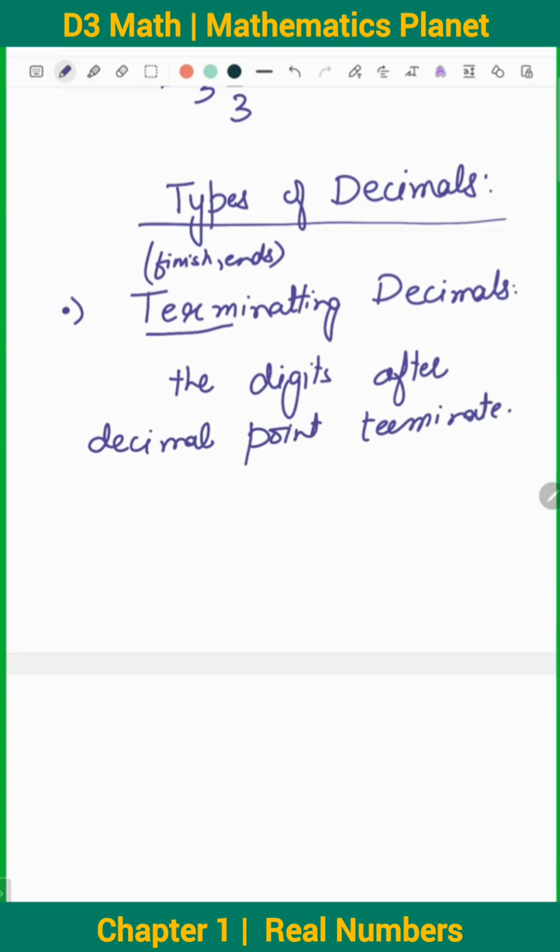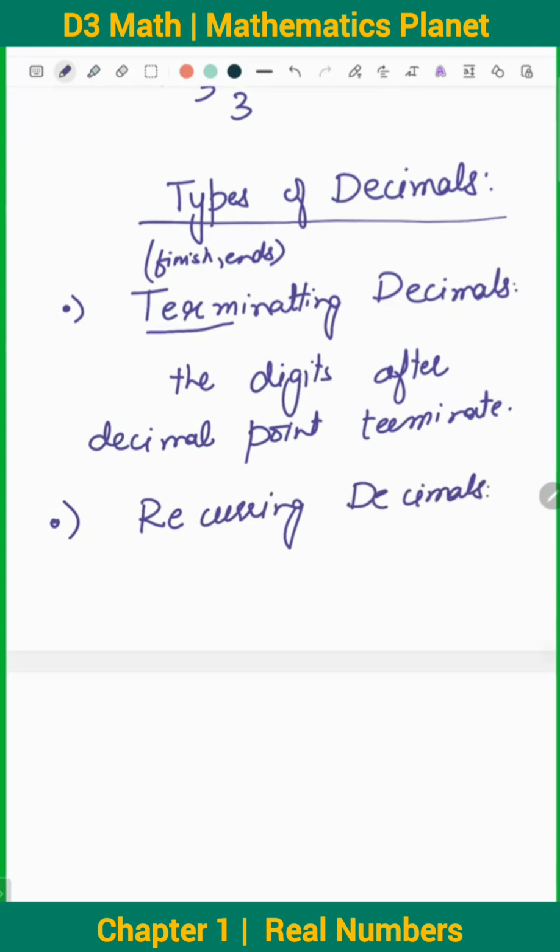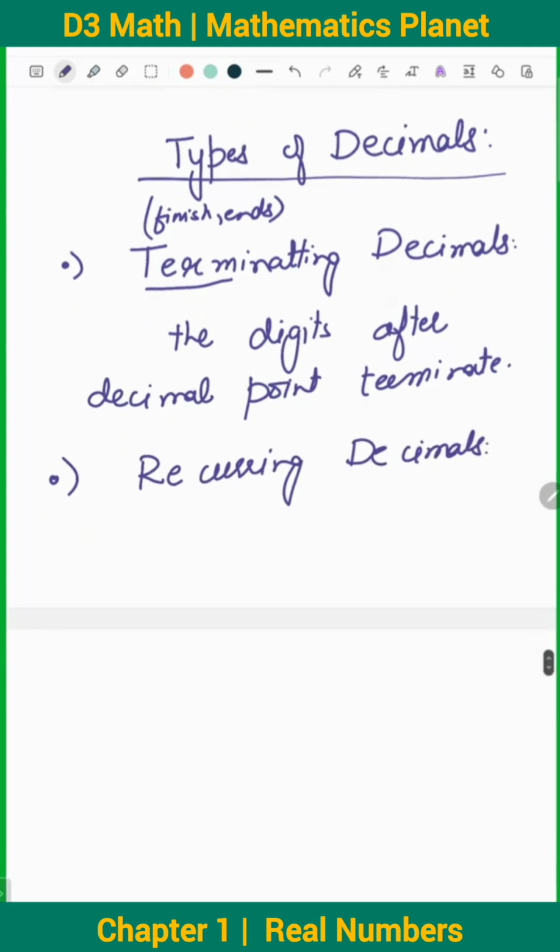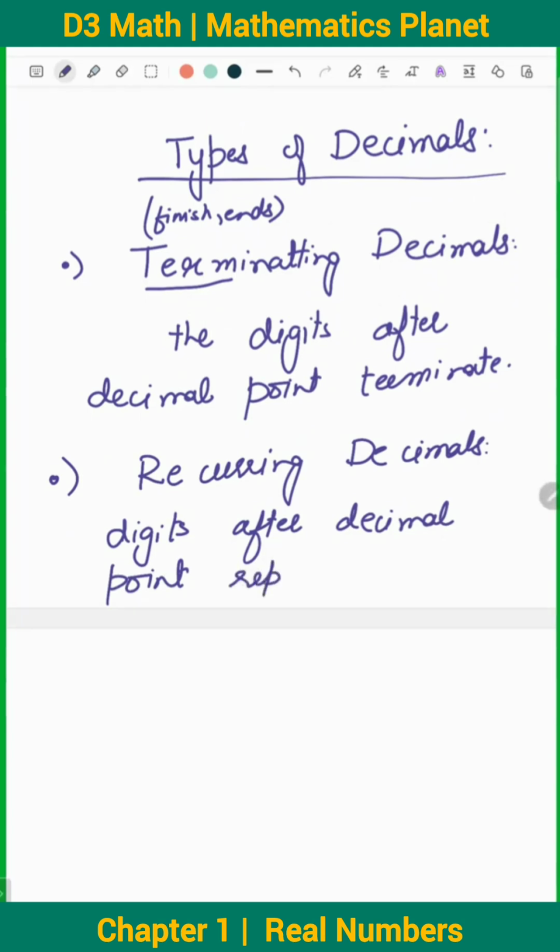Then we have recurring decimals. So what are recurring decimals? Digits after the decimal point repeat themselves indefinitely.